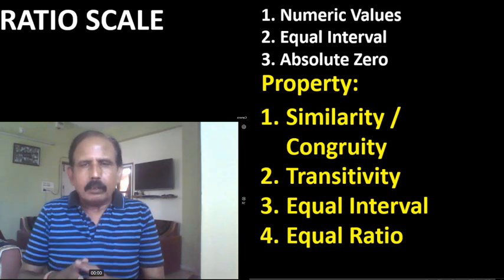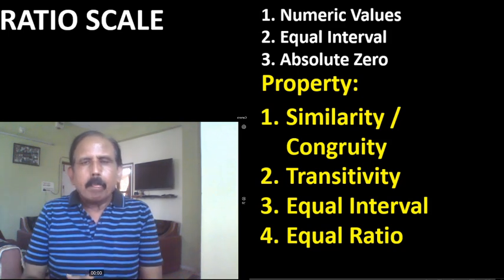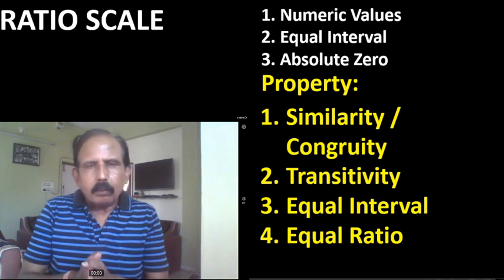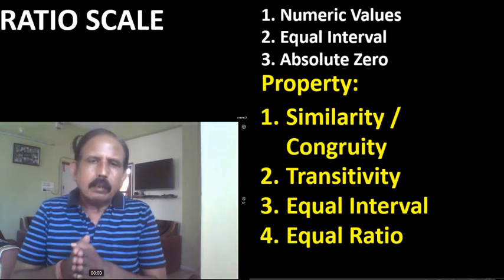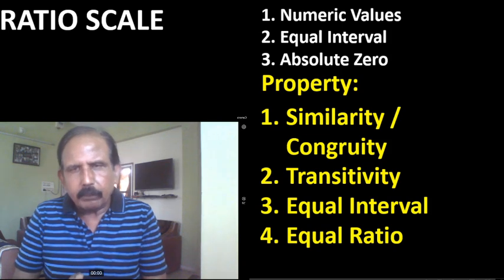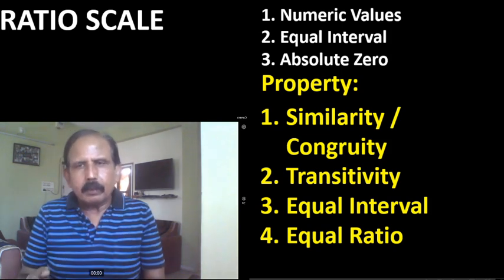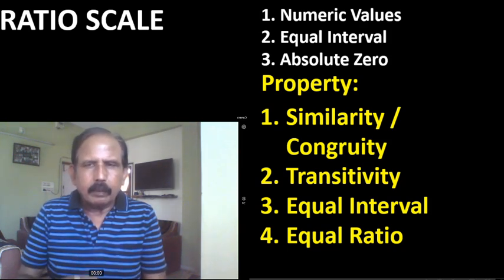Friends, in this way, we have discussed today about the scales of measurement. If the data are obtained in interval or ratio scale, and all the conditions of parametric test are satisfied, then we can use parametric tests like ANOVA, t-test or ANCOVA for analyzing the data.